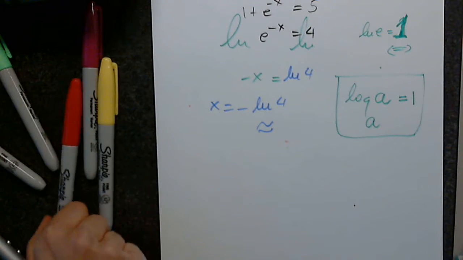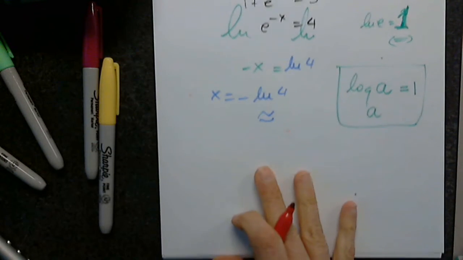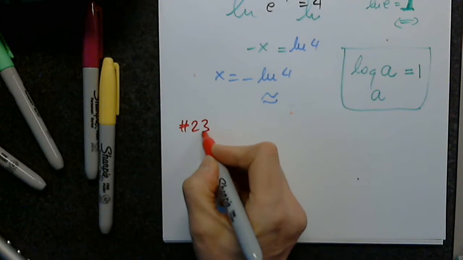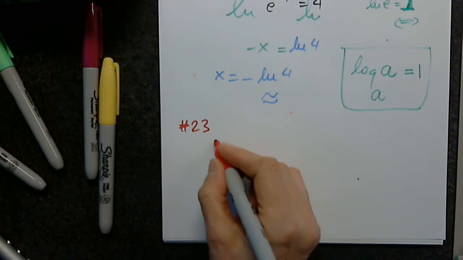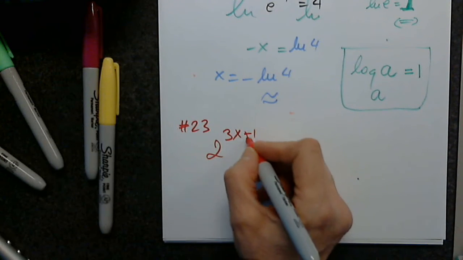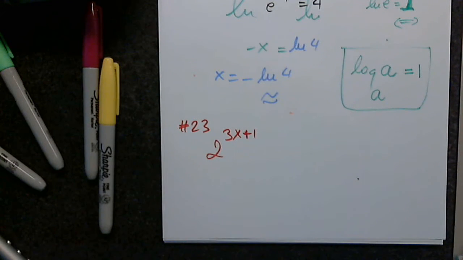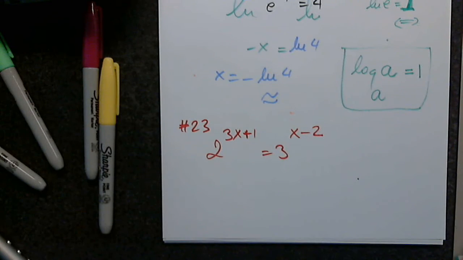Okay, now let's look at what I think is the most difficult one. It's number 23. Not difficult, I think, but it's long. 2 raised to 3x plus 1 equals 3 raised to x minus 2.